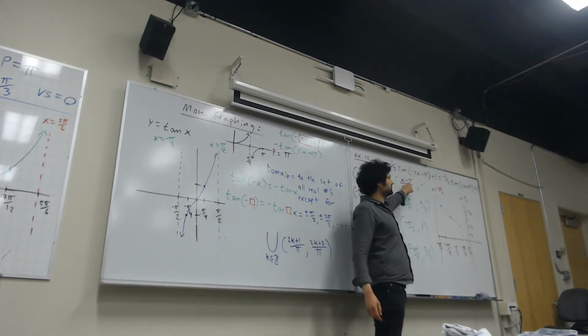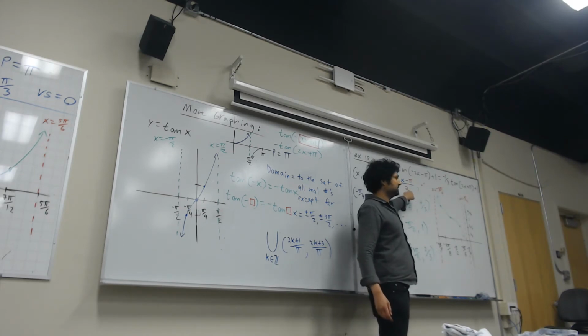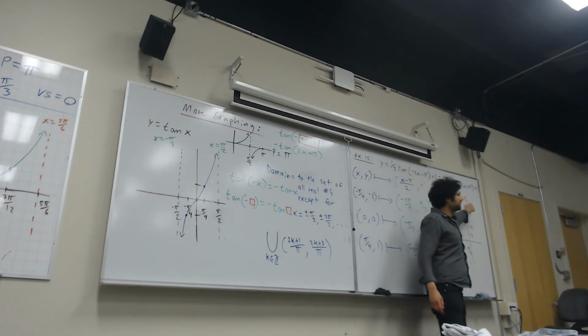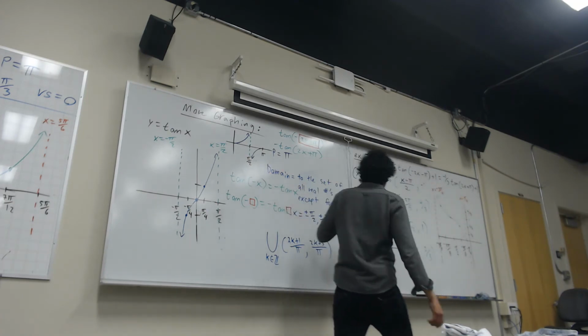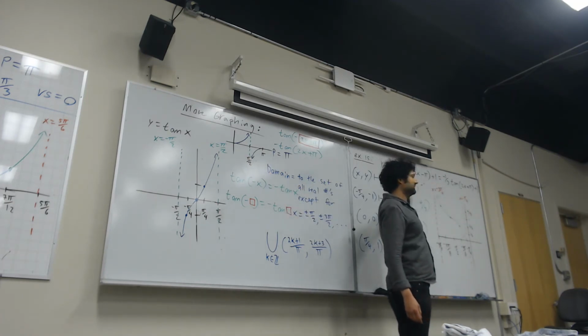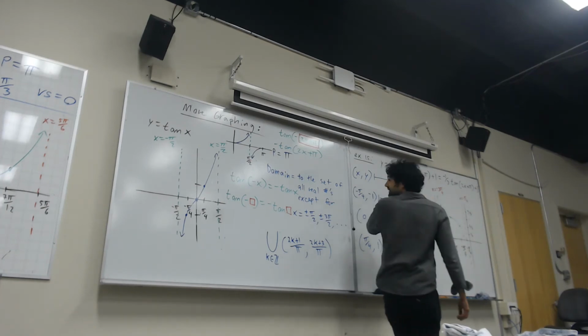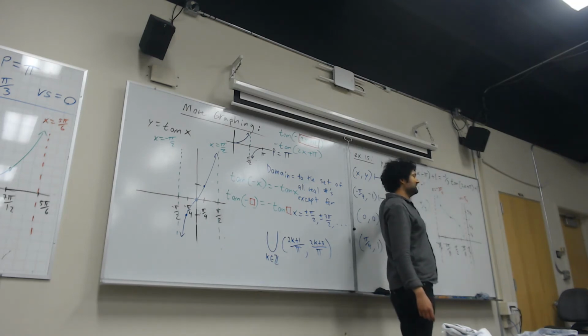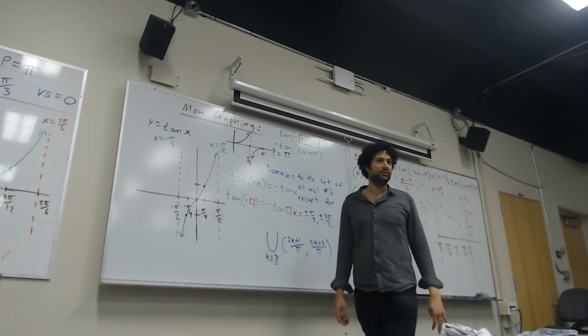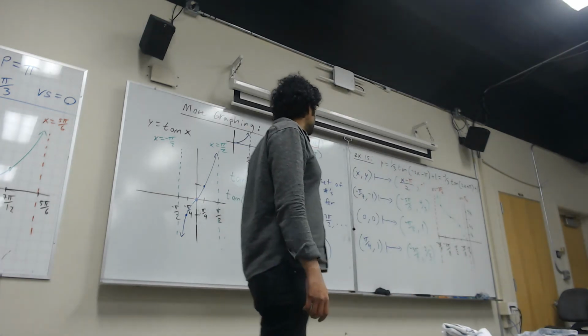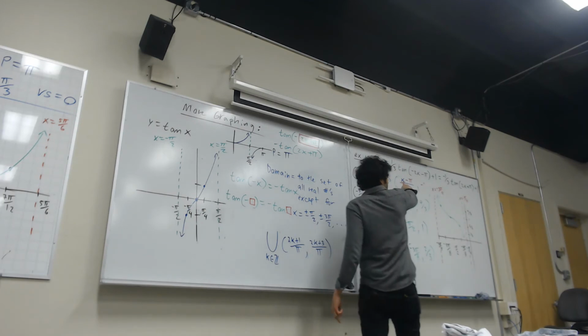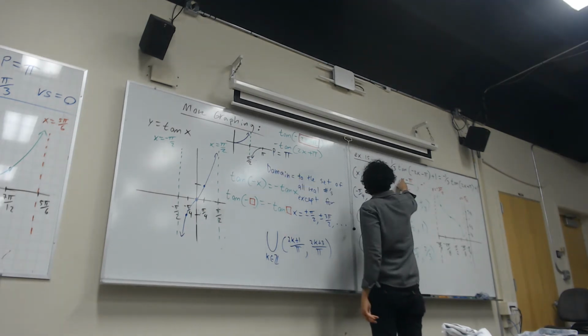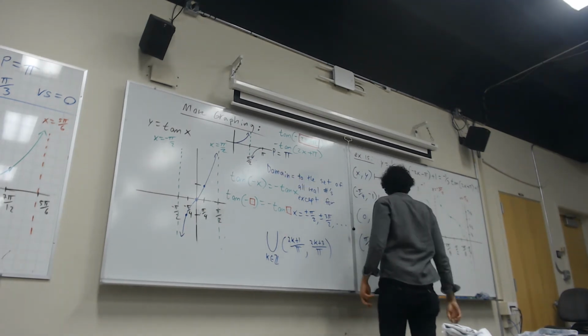What's pi over 2 minus pi? Divided by 2 is -pi over 4. Let's try with the other one. -pi over 2 minus pi is -3 pi over 2. Half of that is -3 pi over 4. Okay? So for your asymptotes, just plug -pi over 2 and pi over 2 in here, and it'll give you exactly your asymptotes.